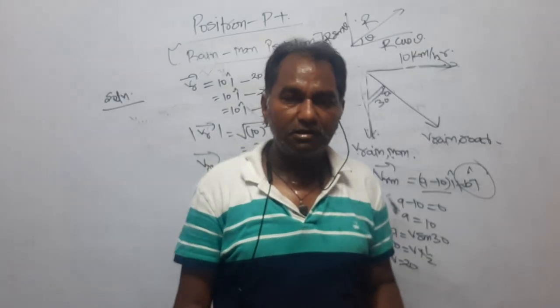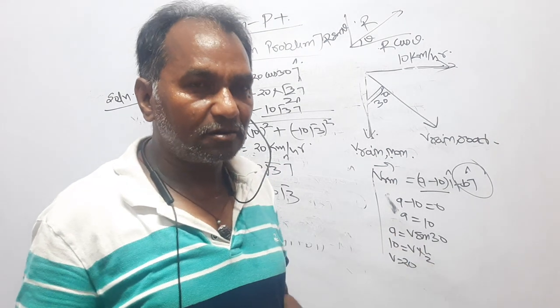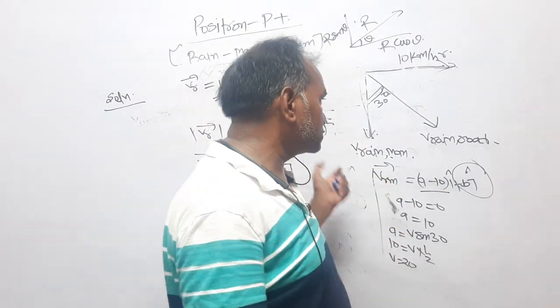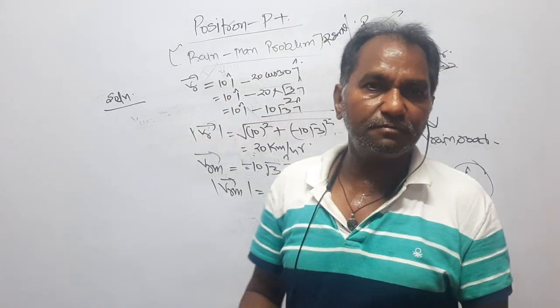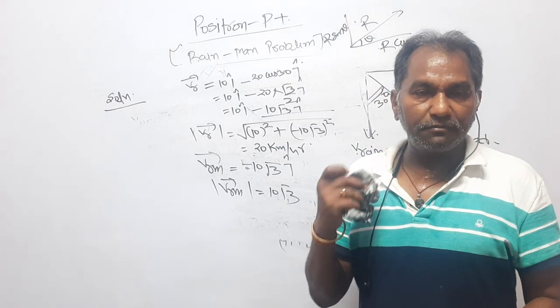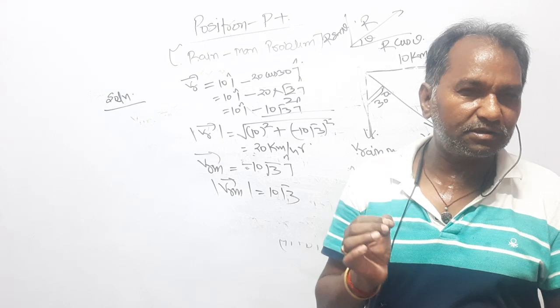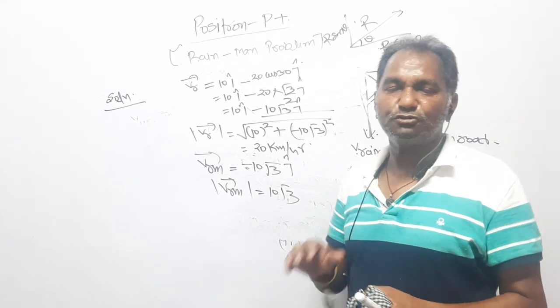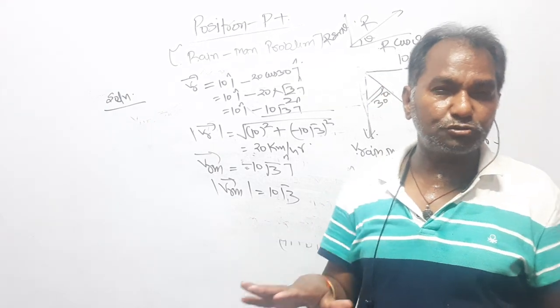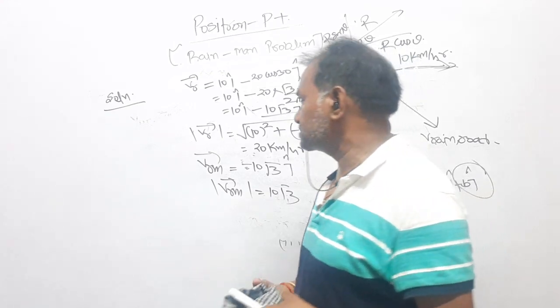That we got in the first method. This is the second method. Why am I discussing different methods? Because it will improve the concept in you. It will inculcate the concepts of physics in you if you solve the problem with different methods.